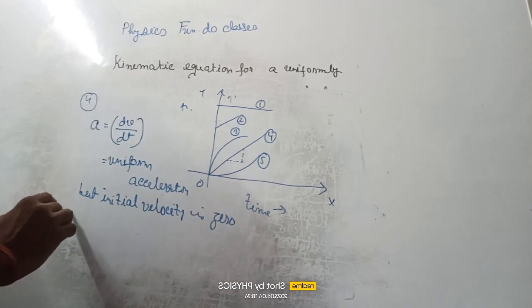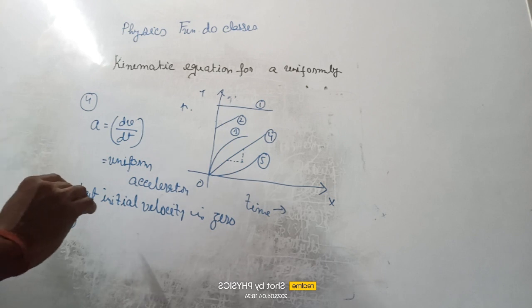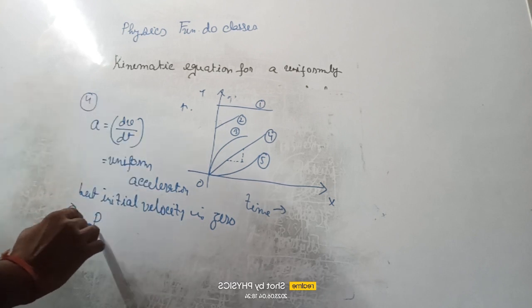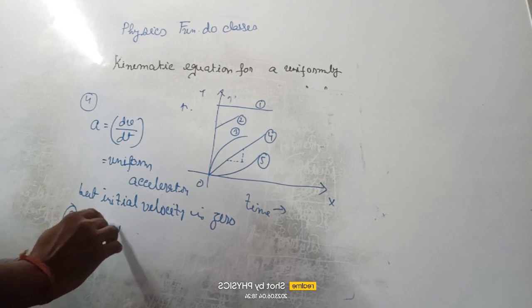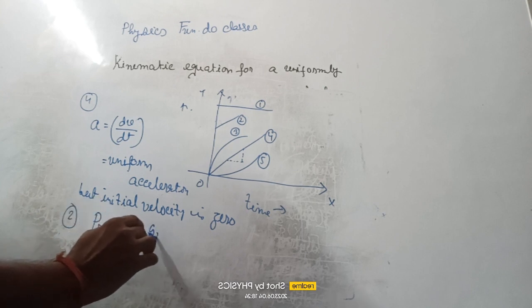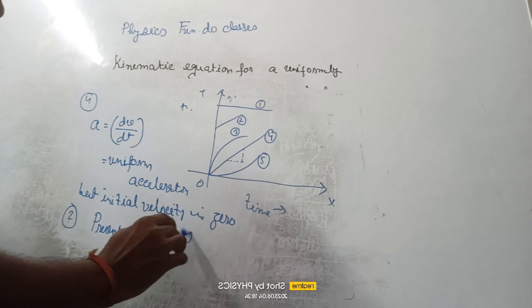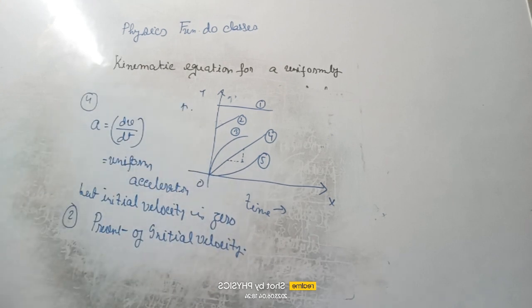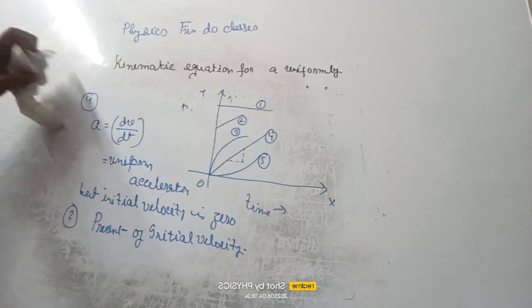But in the second graph it is uniform acceleration but in the presence of initial velocity.